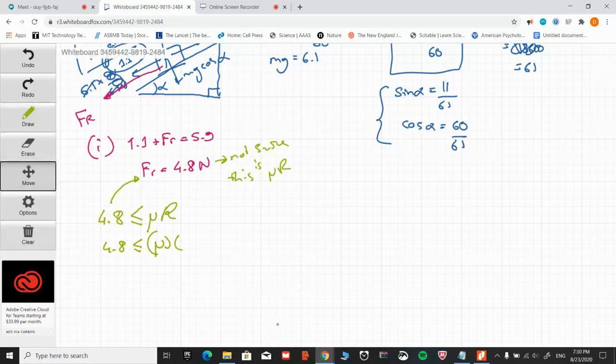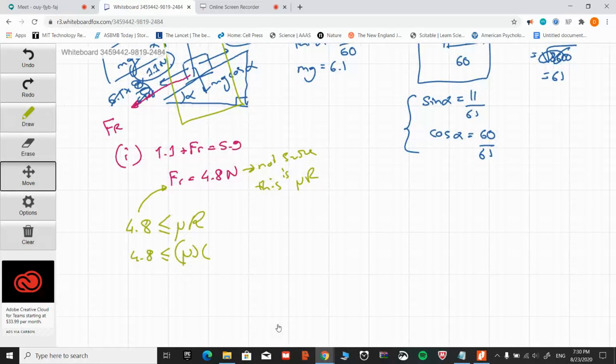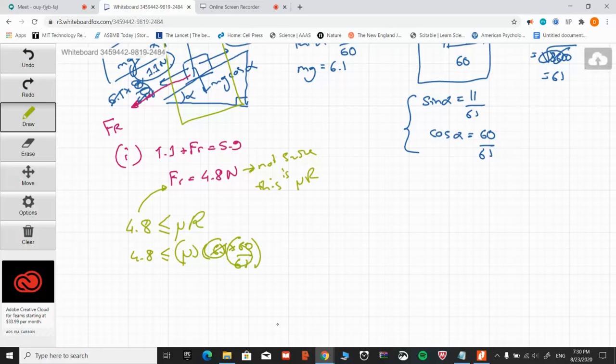Now the value of r, if you take a look at this, we said r is compared to these forces. Now R is equal to mg cos alpha. Now mg cos alpha is 6.1 into 60 by 61. So this gives you a value of 6.